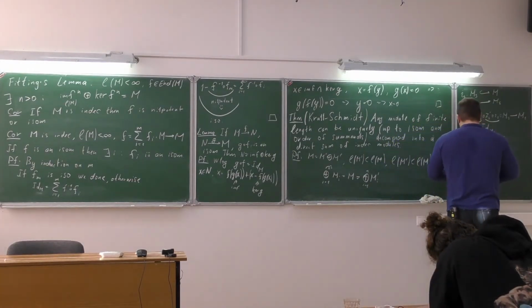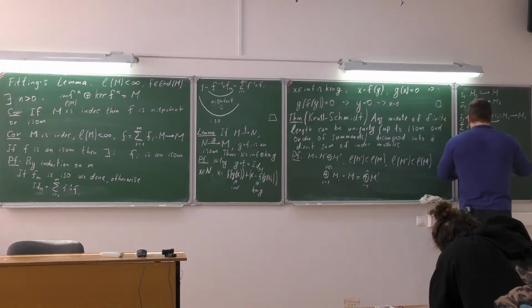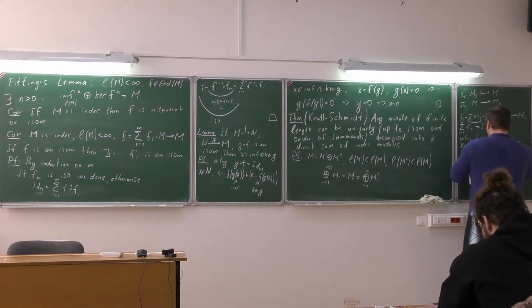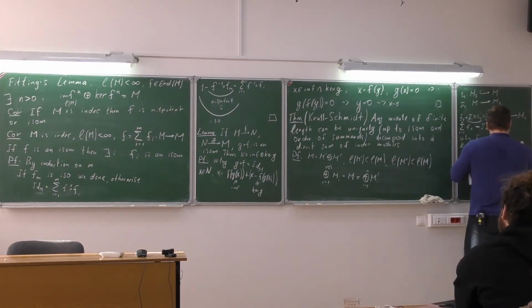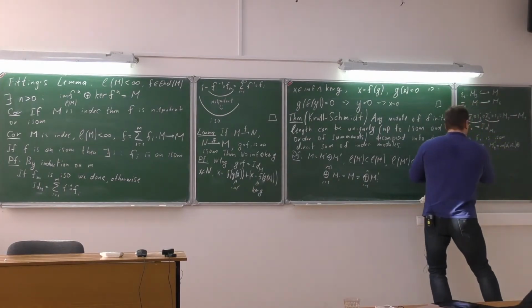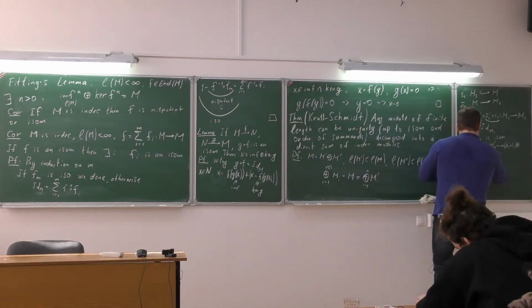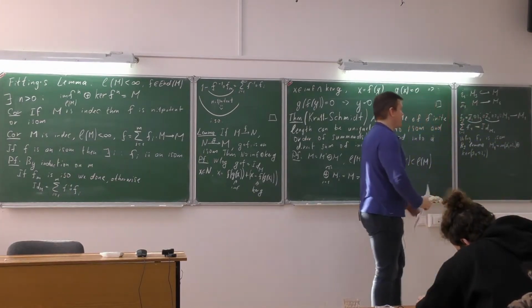So M1 prime is the sum of the image and the kernel of these two maps, so this will be equal to the image of pi_1 prime composed with iota_1, direct sum with the kernel of pi_1 composed with iota_1 prime, by the lemma.